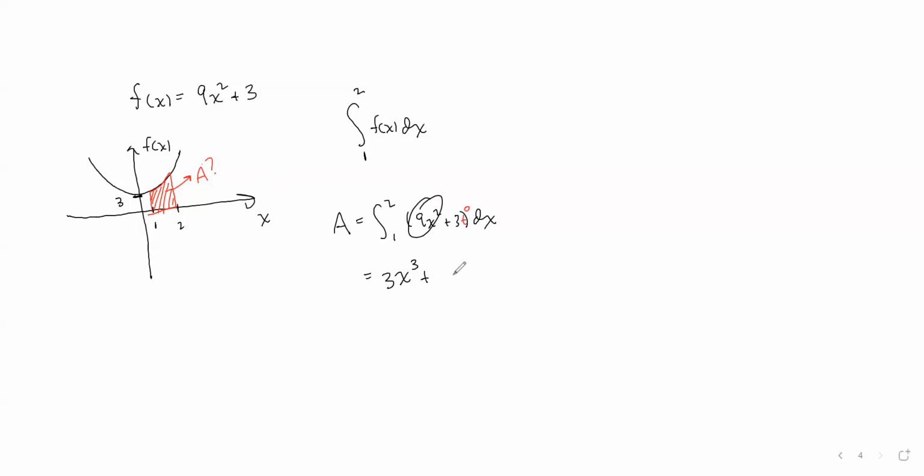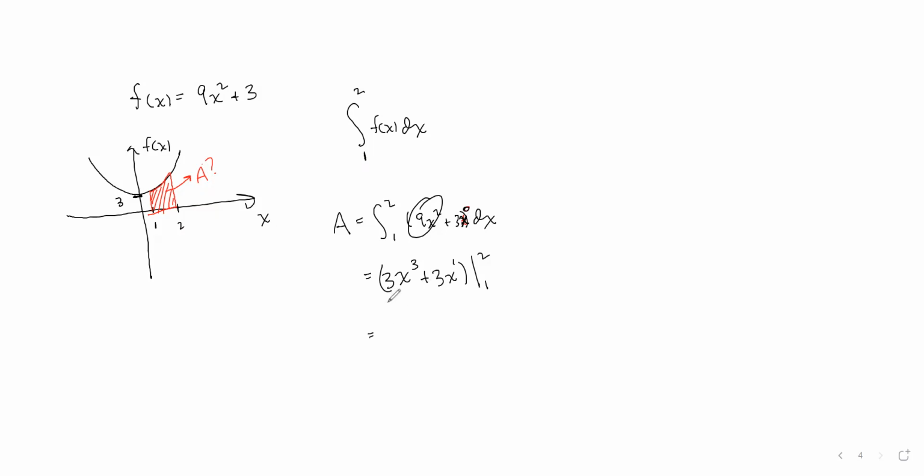So I should promote x to the 0 to x to the first power, which is just x itself, and divide the coefficient by the new power. The new power is 1, so 3 divided by 1 is 3. And then I evaluate this from x equals, I'm mixing up my t's and my x's. Sorry, x is the independent variable here. I should stick to it.